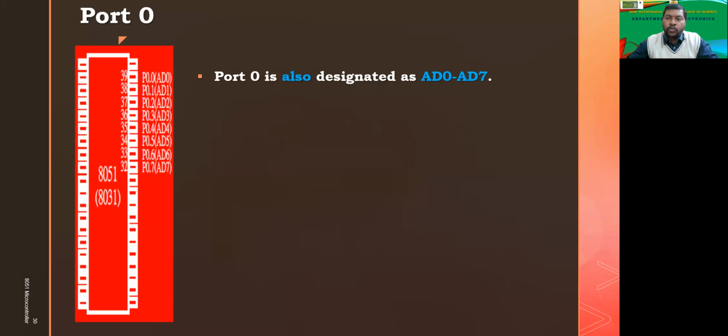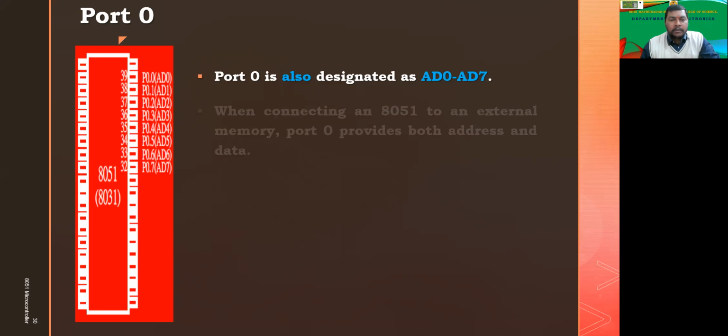When we are using it outside, when we are programming it, this port P0.0 to P0.7 can be used for data as well as the lower order address bus. Address and data are multiplexed, so they can be used to give the address of the data, or for reading the data from the external programmer or anything. That can be done. So this port has multiplexing.